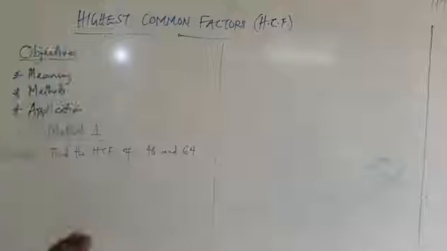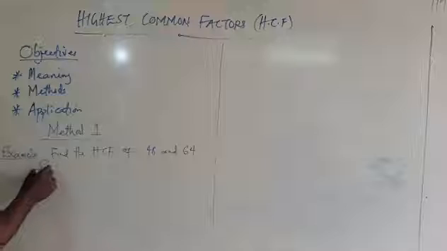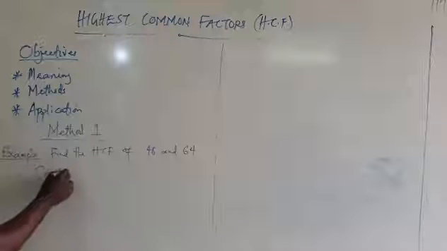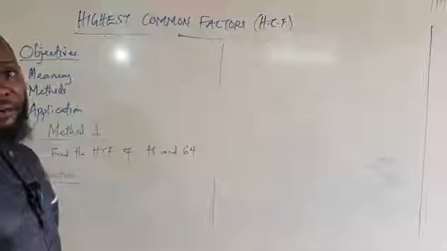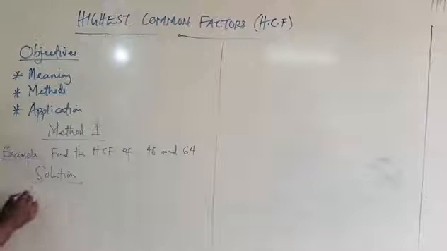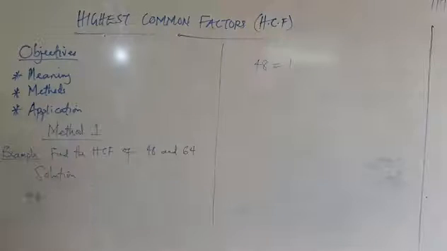What that means is that we are going to list out the factors of both numbers. If there are more than this, you list out their factors. So the first one we have is 48. Let's list the factors of 48. 1 can divide 48. 2 can divide it. Can 3 divide it?